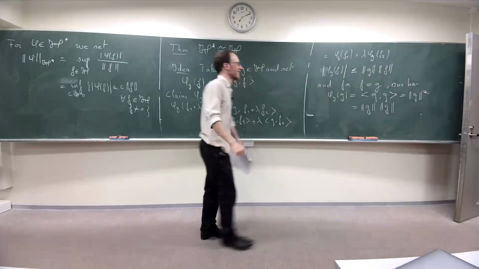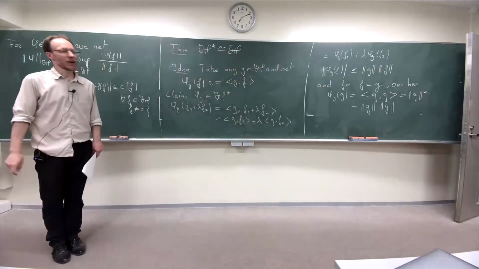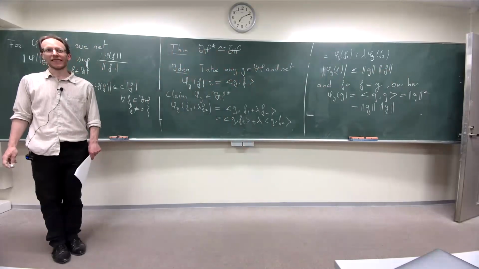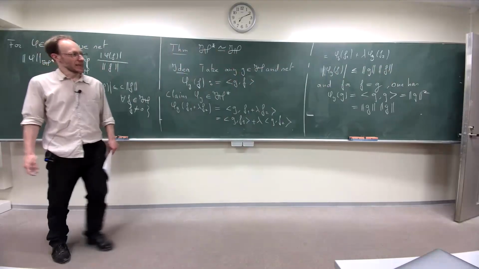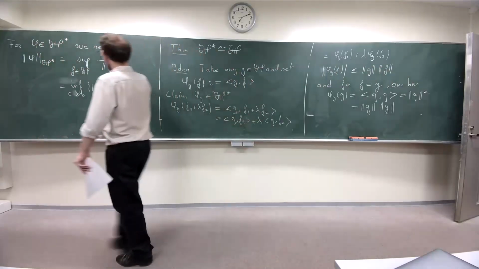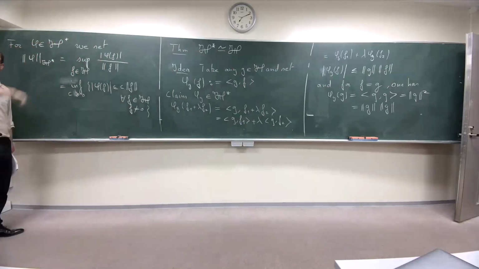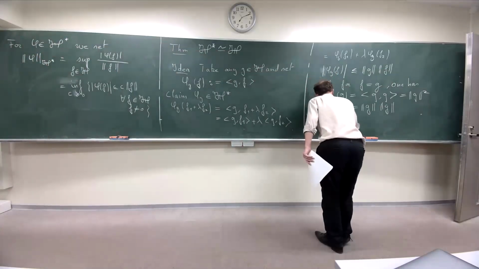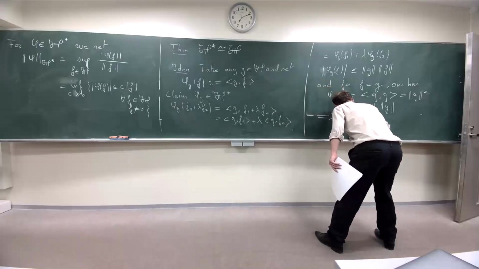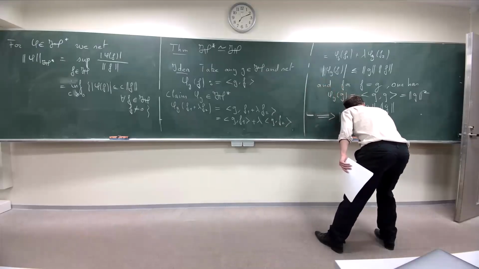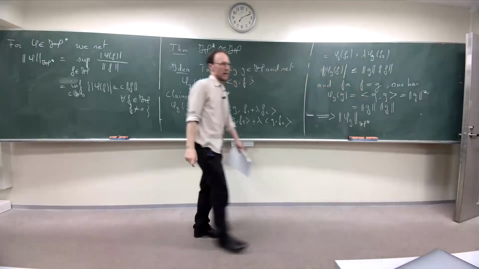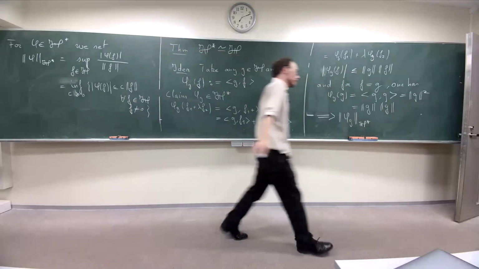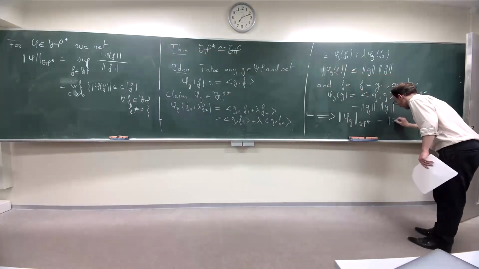That's it. Okay. So what does it mean? It means that the C I was computing here is exactly the norm of G, which means that the norm of phi G, sorry, in this space, has to be this number.